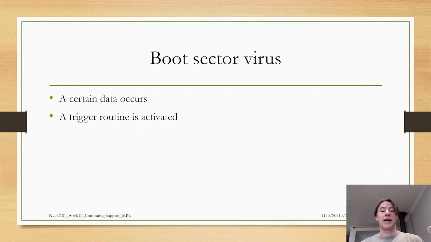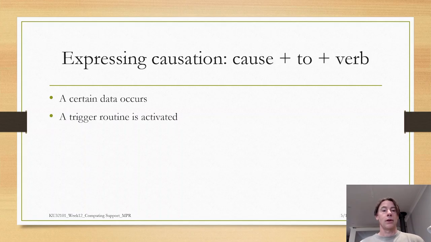We're going to look at an example now, talking about a boot sector virus. We all know that when a boot sector virus is activated, we get a lot of trouble. So in this example, a certain data occurs and a trigger routine is activated. So when we're expressing causation, we use cause plus to plus the verb.